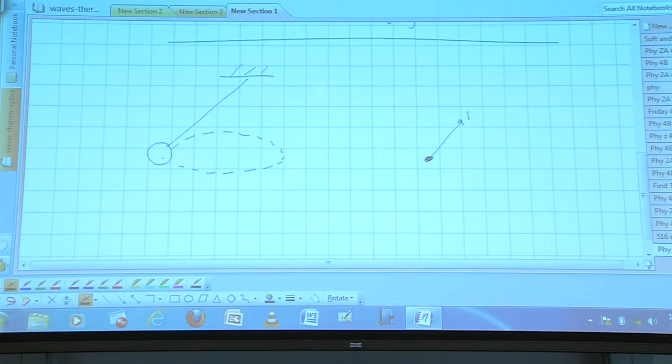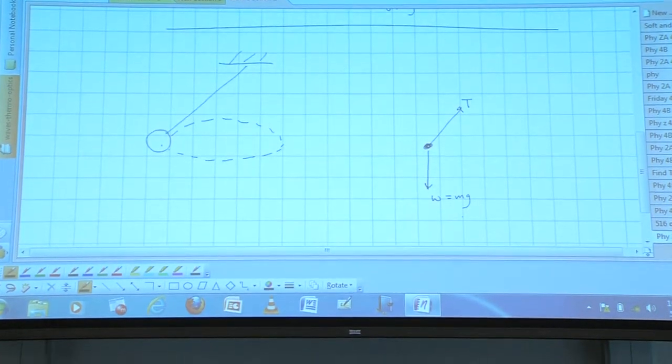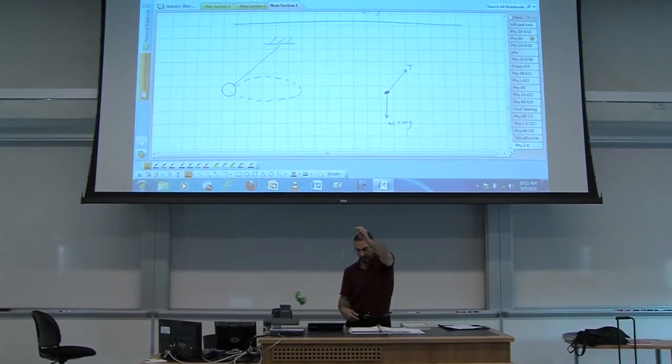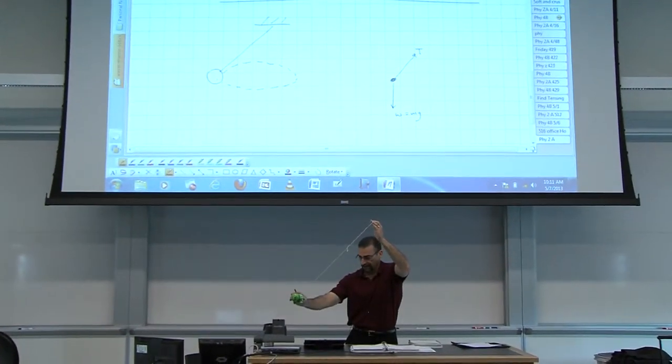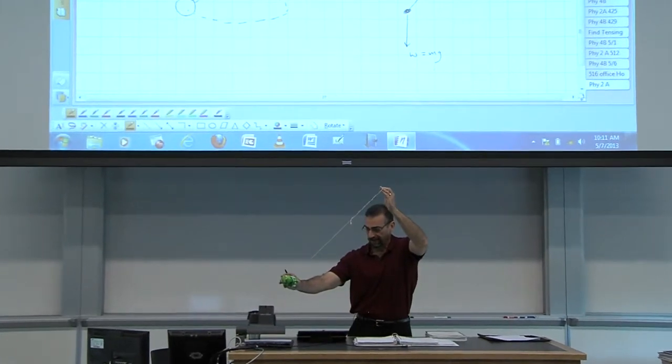We've got tension and weight. Okay? So it's moving around a circle like this. We're going to freeze it right here and draw the free body diagram.